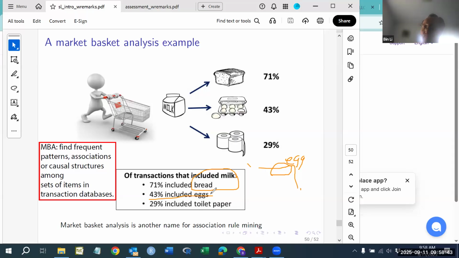With that particular display of milk, bread and eggs, we can maybe promote those customers to buy more eggs, right? So these are very useful techniques, especially in marketing and selling for grocery stores.